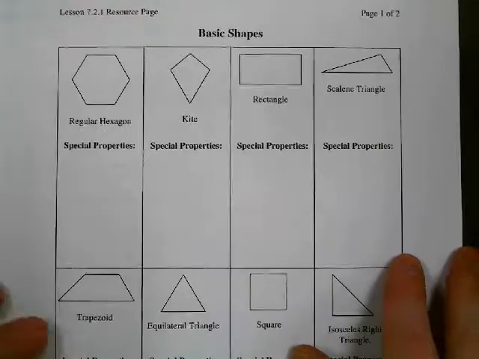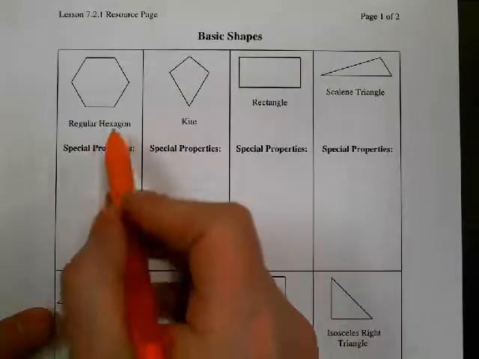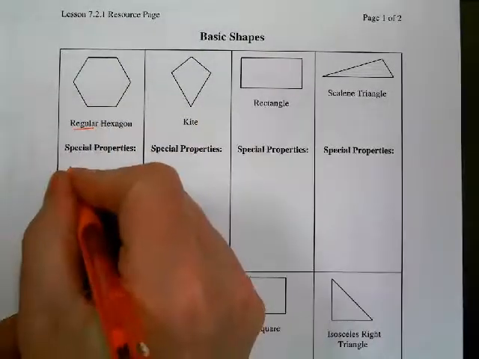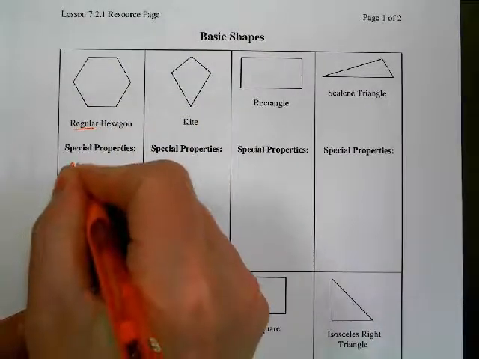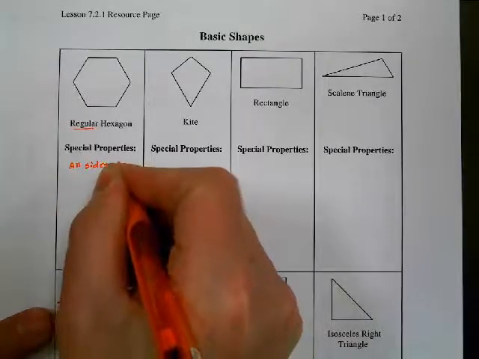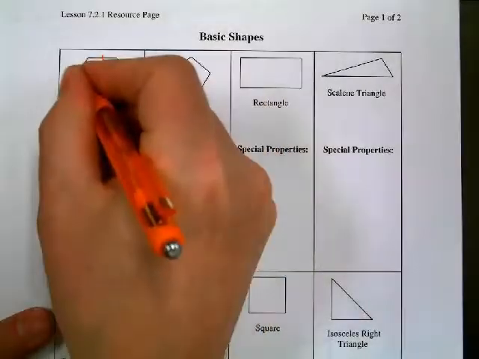So the first one is a regular hexagon. So a hexagon has 6 sides. Regular means that all sides are congruent. So this side, this side, this side, this side, this side, this side, all those sides are congruent.